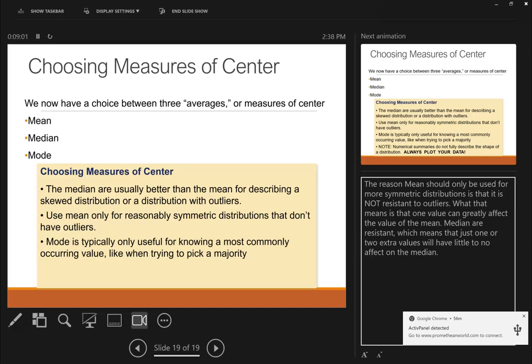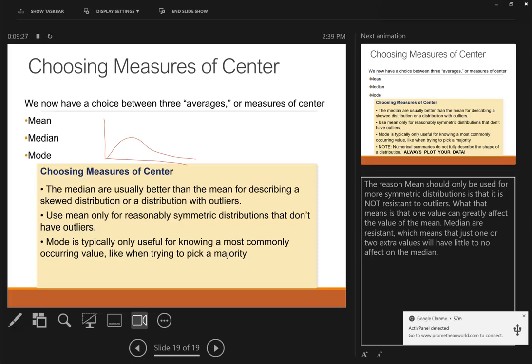This will be a test question. I'll give you a distribution and ask you to draw in where the mean, median, and mode are approximately. Where's the mode going to be on the distribution? Let's say we have this distribution.